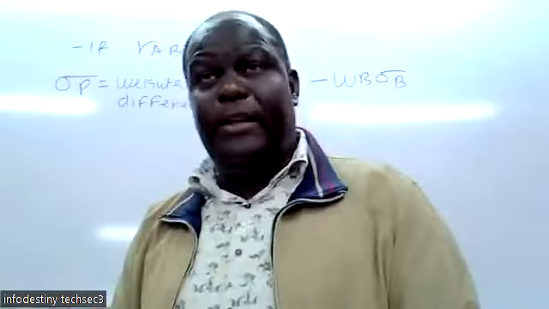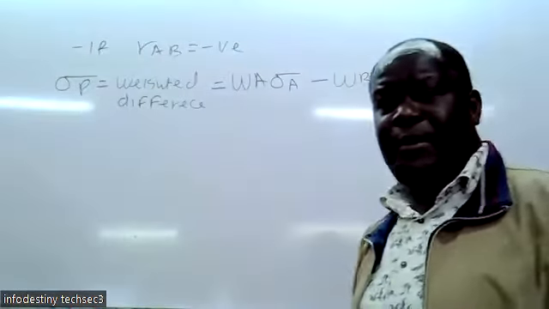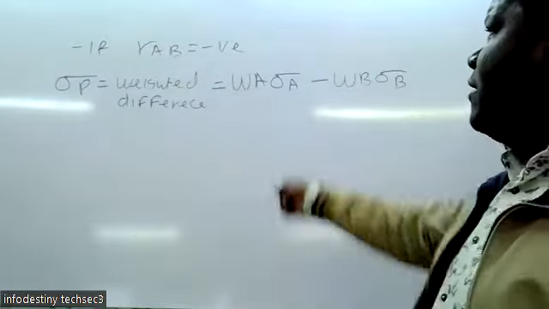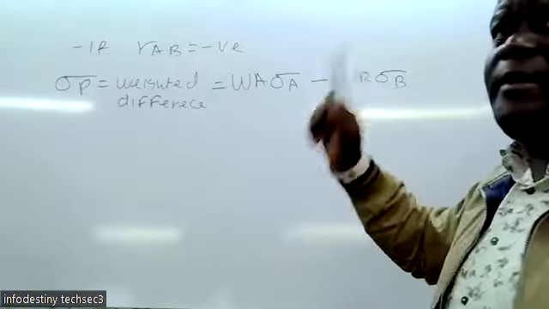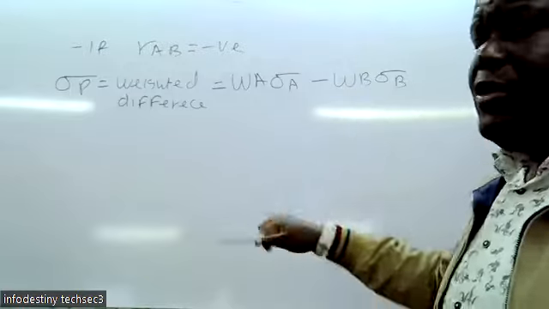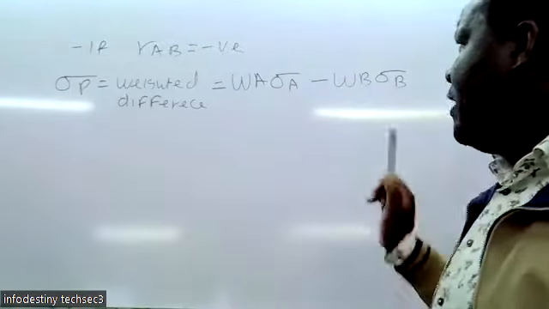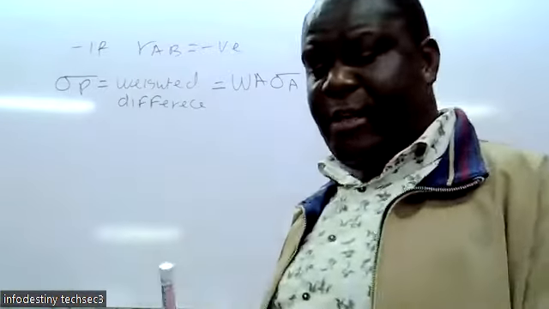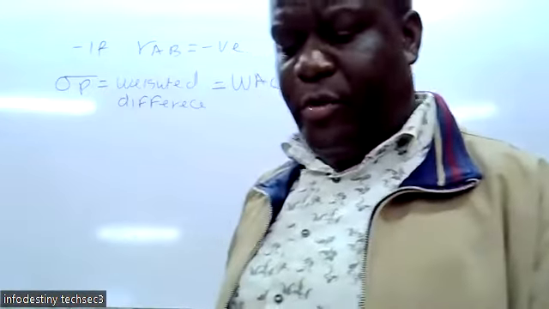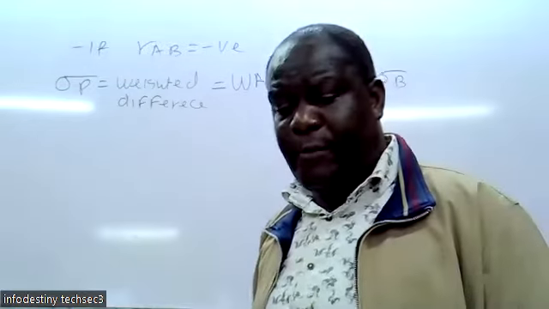We have already calculated when it was positive. So if the correlation coefficient is negative, but they require the standard deviation of the portfolio, you will come up with the weighted difference, where you subtract between the two. So that is the information to do with the standard deviation of the portfolio.